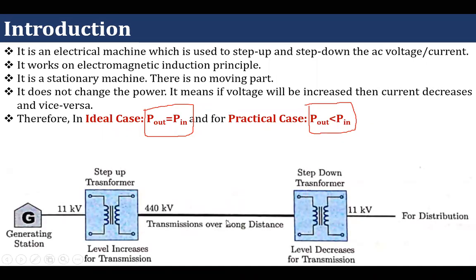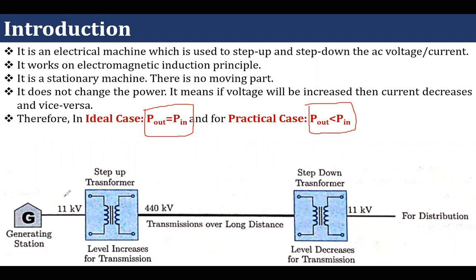This is one application of transformer. At the generating station, we generate power, and then we have to transmit it over a very long distance. Transmission is always done at very high voltage just to reduce transmission losses.